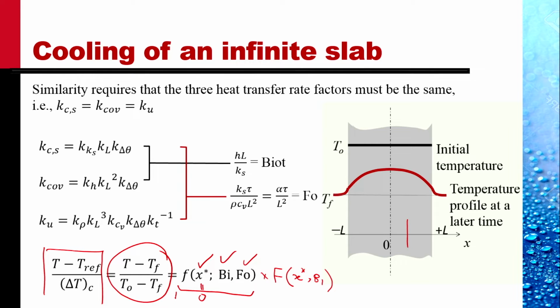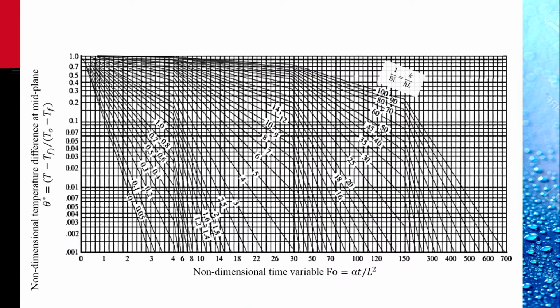The first one is given by what is termed as the Heisler chart. Fourier number alpha tau by L square is given here. The non-dimensional temperature difference is here.